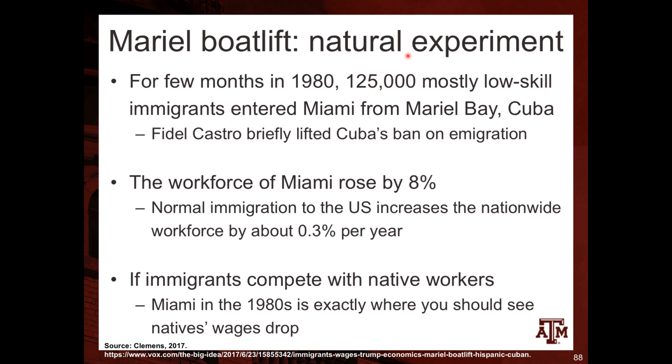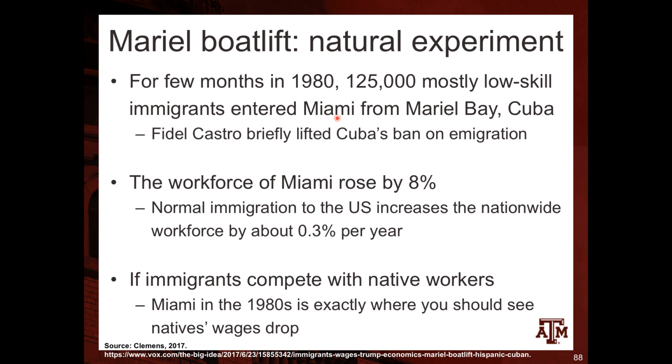And this is considered a natural experiment because there is this change in the supply of workers, 125,000 workers entering Miami out of nowhere in just these few months in 1980, and that provides what economists call a shock in the economy because you have an unexpected increase in the supply.